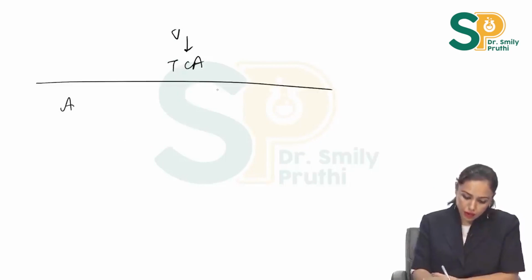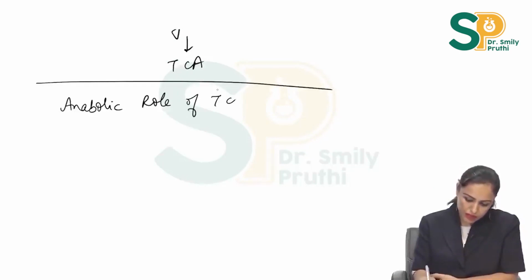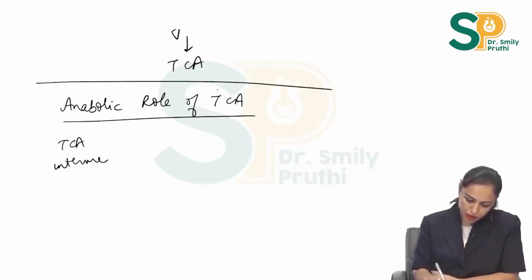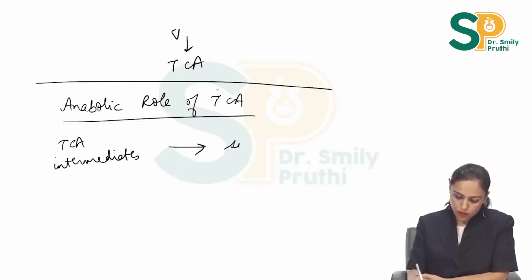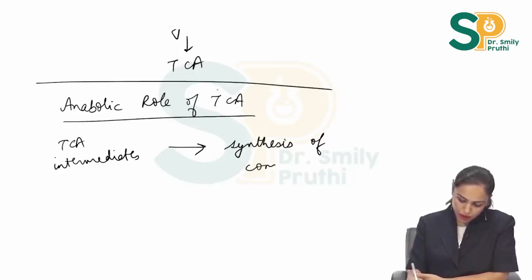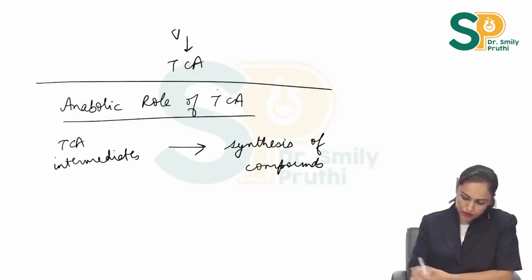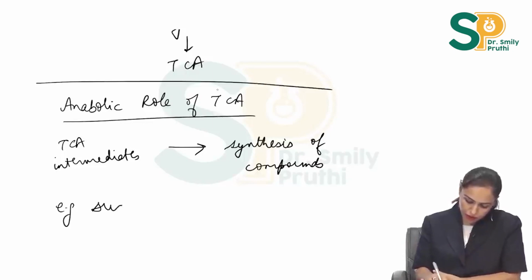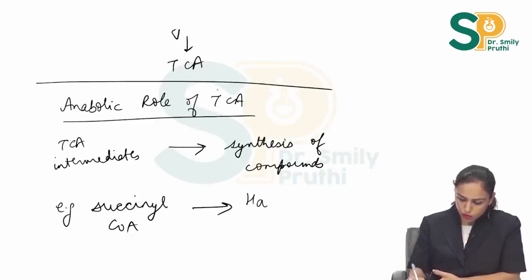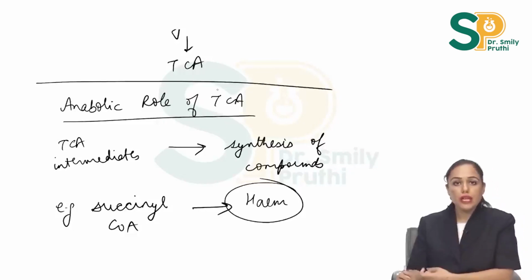Now, what is the anabolic role of TCA? Anabolic means synthesis, because many TCA intermediates are used for the synthesis of important compounds in the body. For example, succinyl-CoA is an intermediate of TCA cycle, which is used for the formation of heme in the body.